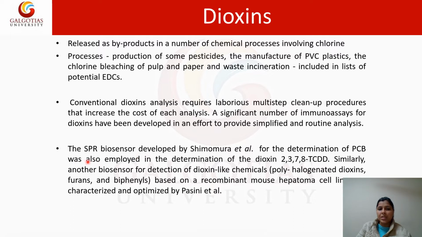They have employed it in the determination of dioxin 2378 TCDD, and similarly some other biosensors for the detection of dioxin-like chemicals based on recombinant mouse hepatoma cells are also being developed. So we have different sensors for the detection of the presence of dioxins.